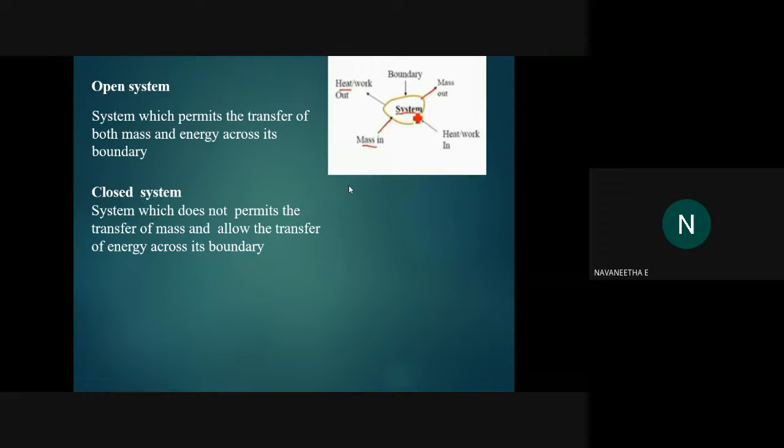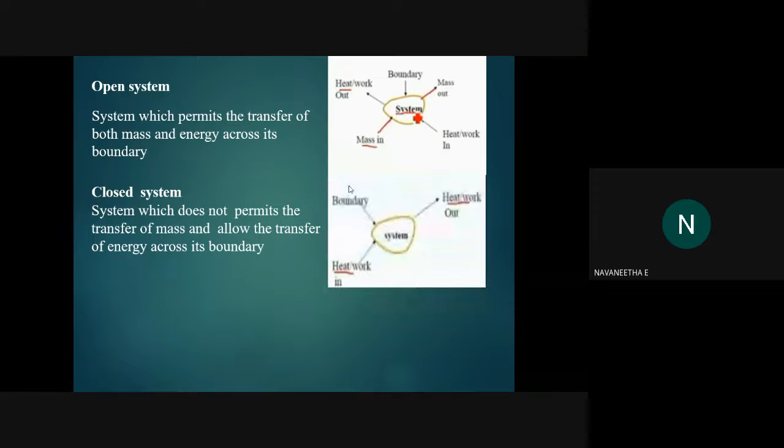That is the example. Transfer of mass will not occur, but transfer of energy or heat energy will occur. Then an isolated system means both mass and energy will not transfer.